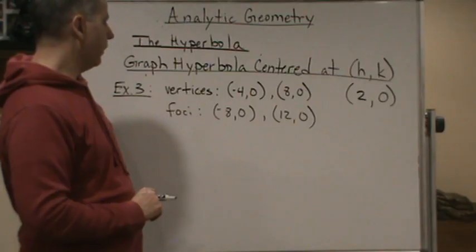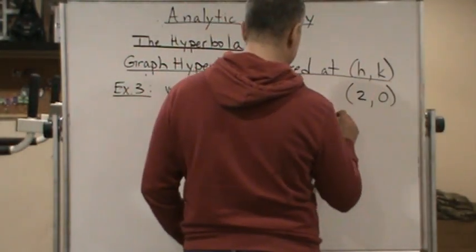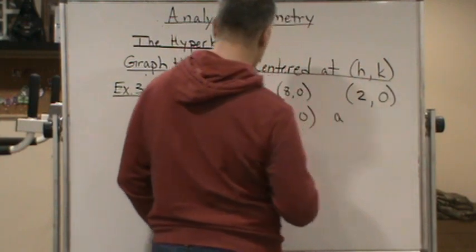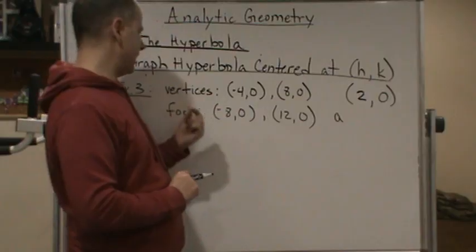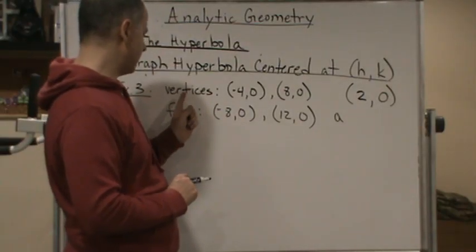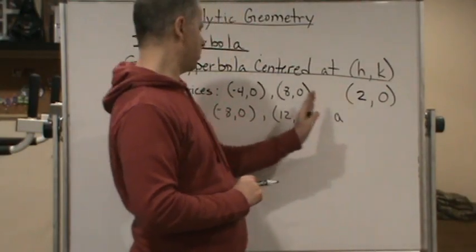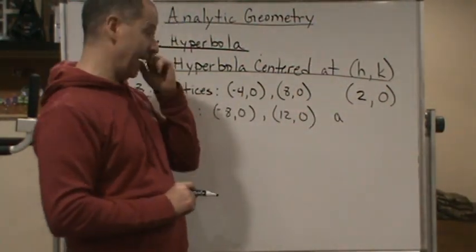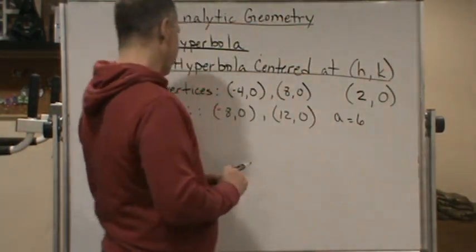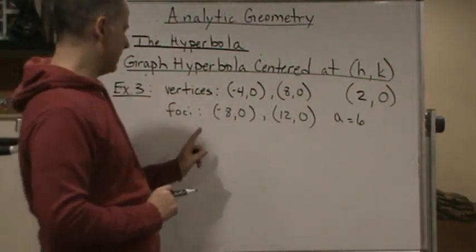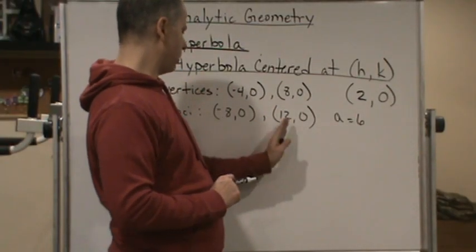Now, what about your A and B? Remember, A is half the distance between the vertices. So from the center to either vertex is A. Well, we just figured out what A is. A is 6. Now, C is half the distance between the 2 foci.